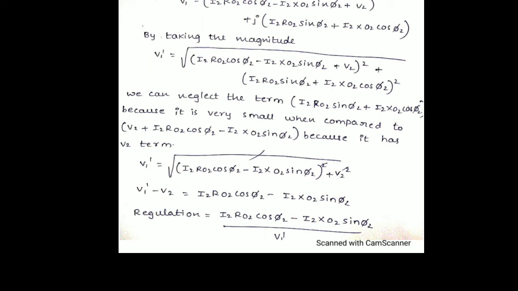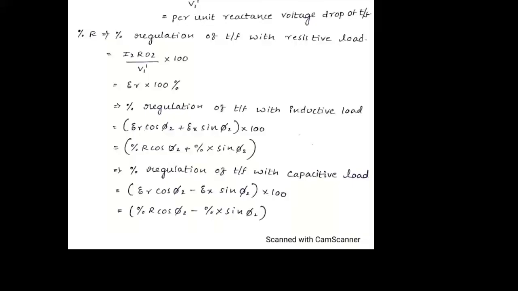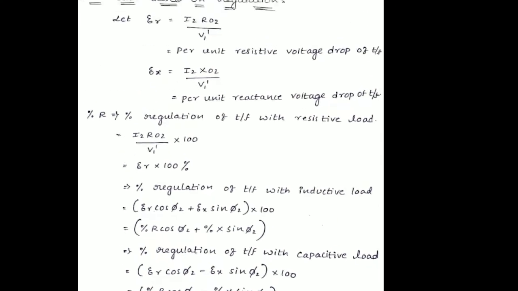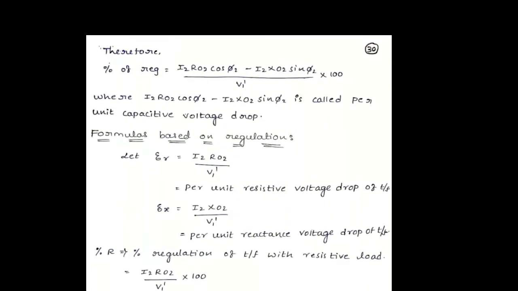What is V1 dash minus V2? It is I2 R02 cos phi 2 minus I2 X02 sin phi 2. So now the regulation becomes I2 R02 cos phi 2 minus I2 X02 sin phi 2 divided by V1 dash. That is the formula we have for capacitive load.